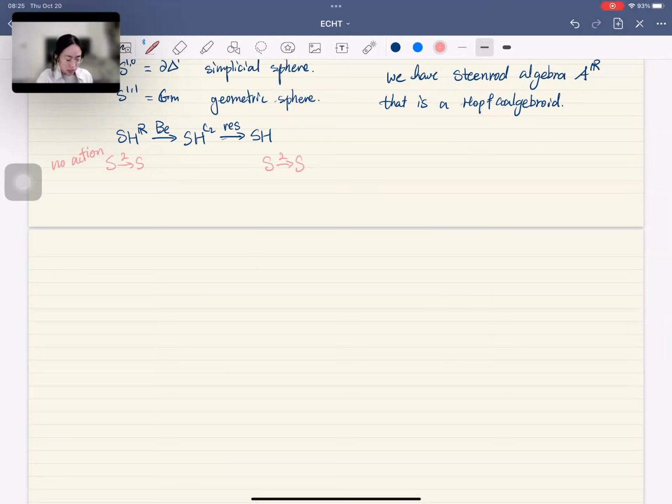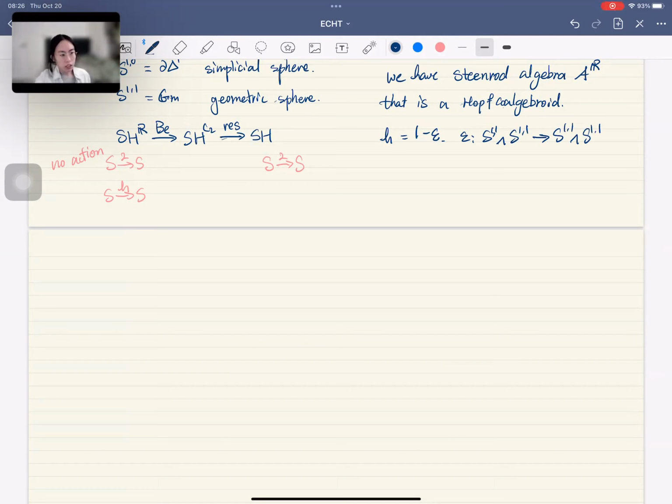And then there's another one that we use the notation H for. So this H is 1 minus epsilon, where this epsilon is the twist map switching between two copies of the 1-sphere.